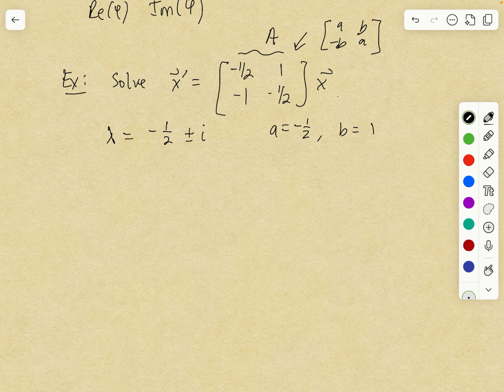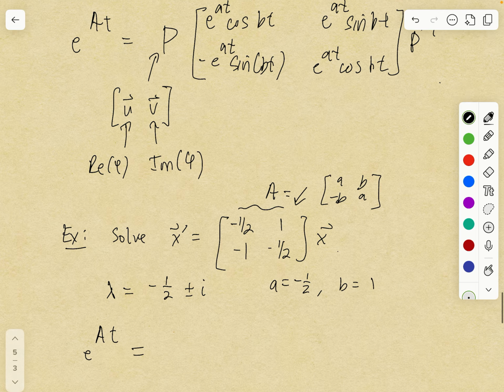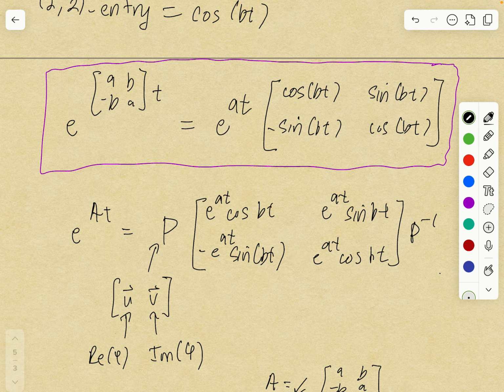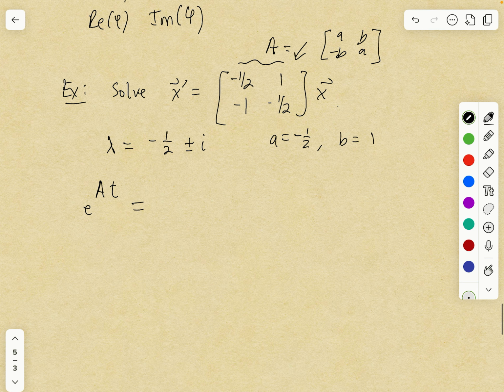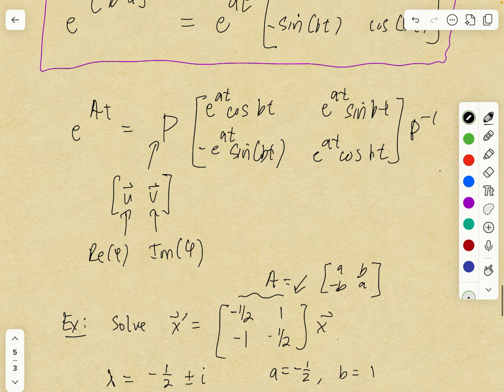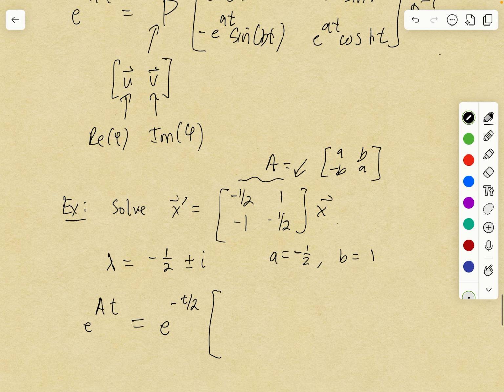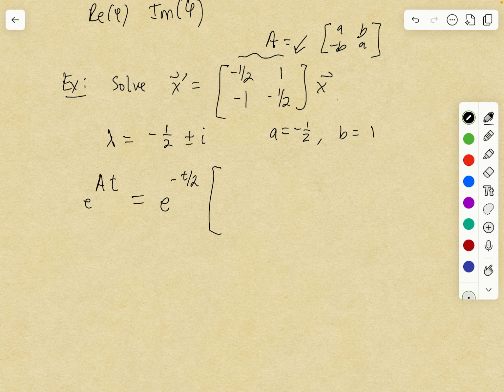e to the At is e to the little a t, so that's e to the -1/2 t, so e to the -t over 2, times the matrix whose columns are cosine bt, negative sine bt, so b is 1, so you get cosine t, negative sine t.